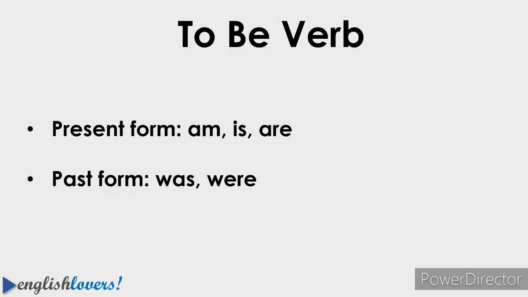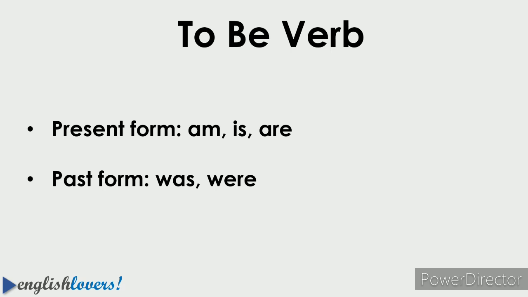The to be verb is the most important verb in the English language. When we speak, most of the time we use this verb and its forms in our daily conversations. So we are going to study two forms of this to be verb, present form and past form. In present form there are three verbs, am, is, are, and in past form there are two verbs, was and were.